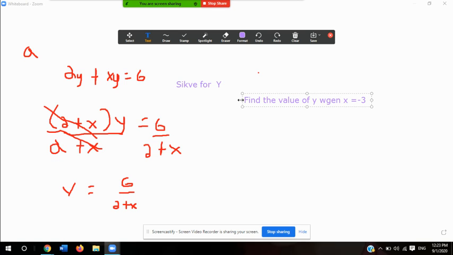X equals -3. So all I'm going to do now is simply plug in -3 wherever we have an x. So the problem is now going to be y equals 6 over 2 plus -3.